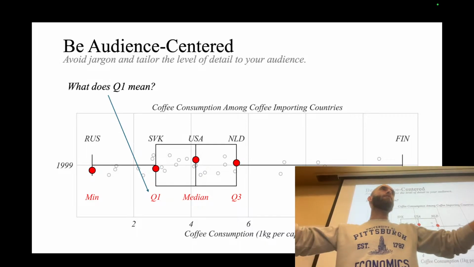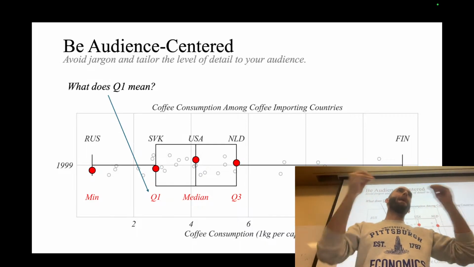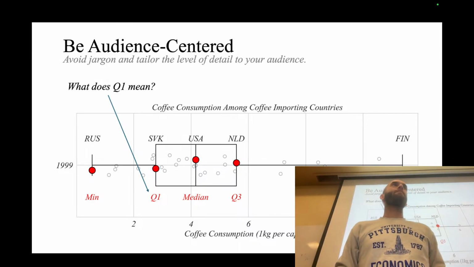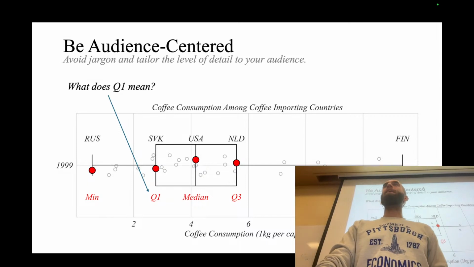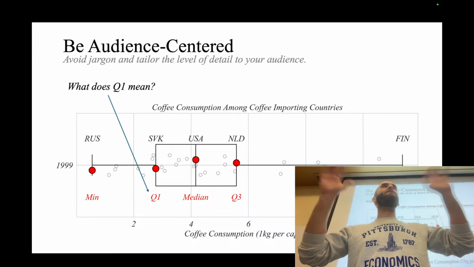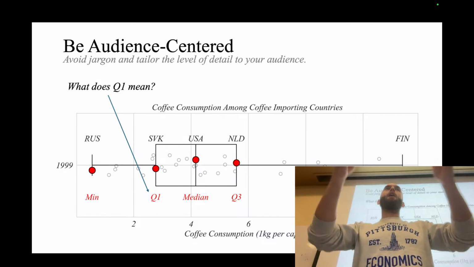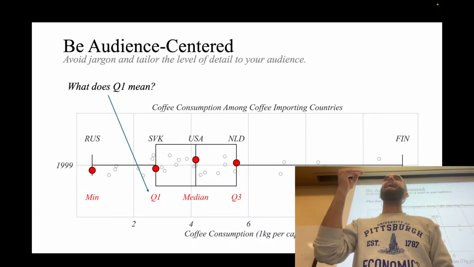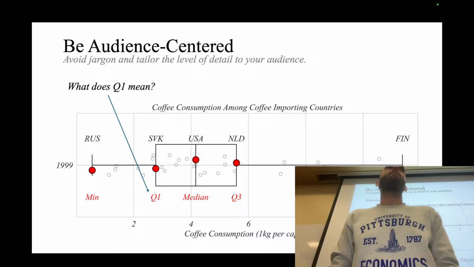But even if I gave this figure to you, even though we've covered it, you'd have to go back and recall what Q1 is. So just knowing what your audience knows and being as helpful as you can with the information on screen, you just want to be very audience focused. Center what you're doing on your audience and make it as easy for your audience to understand as possible.